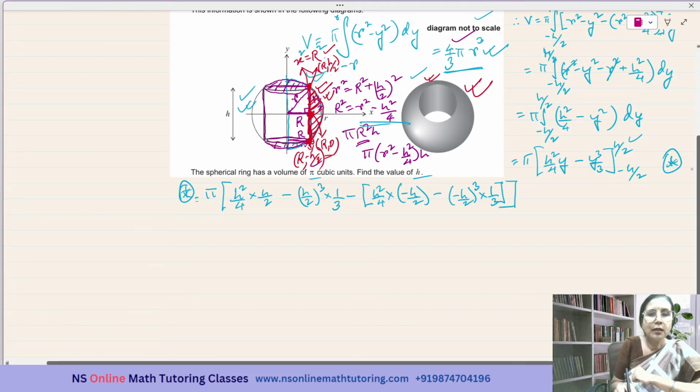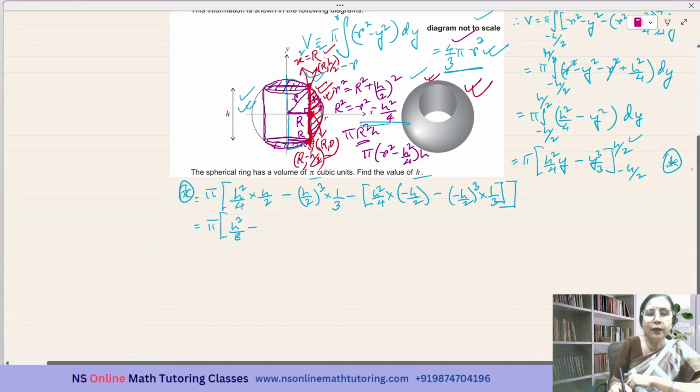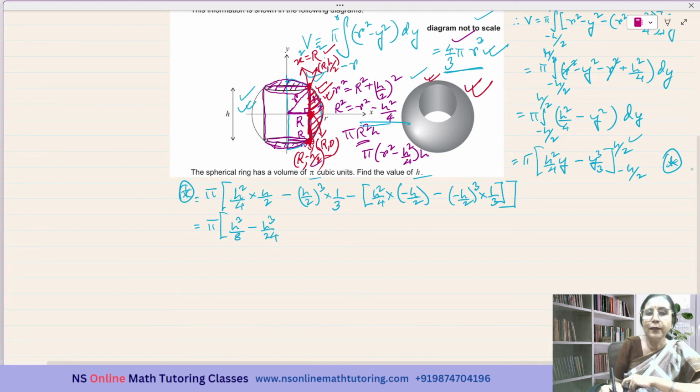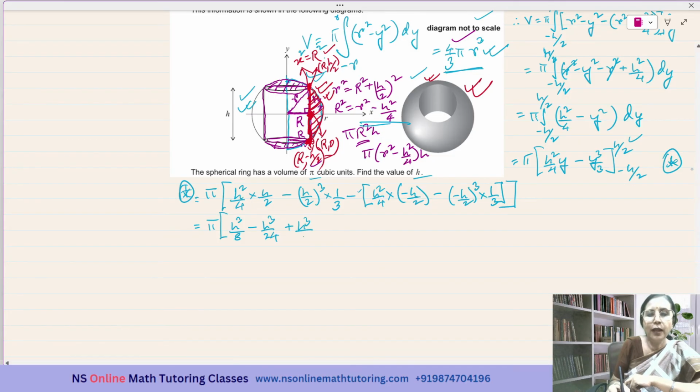So this is equal to pi, h cube over 8, and this one is h cube over 8. 2 cube is 8 times 3 is 24, so negative h cube over 24, and this one is a square times negative h is negative h cube, and 4 times 2 is 8, so it is negative h cube over 8, and there is this minus sign, so it is plus h cube over 8.